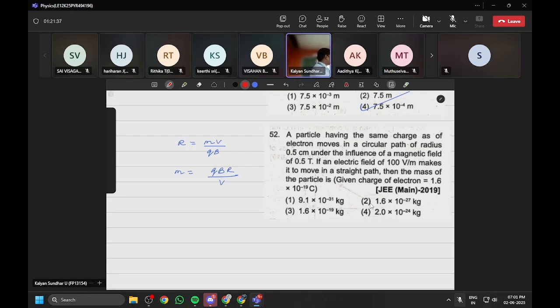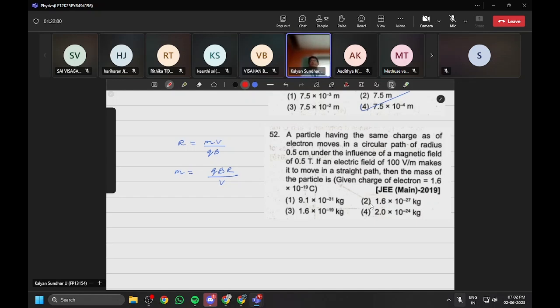What they are saying: magnetic field is applied. With a magnetic field applied, force due to that is there, so it will be traveling in helical motion, correct? With only a magnetic field, it is circular motion. Now they are saying that if an electric field is applied, it makes it move in a straight line path. When will it be a straight line path?